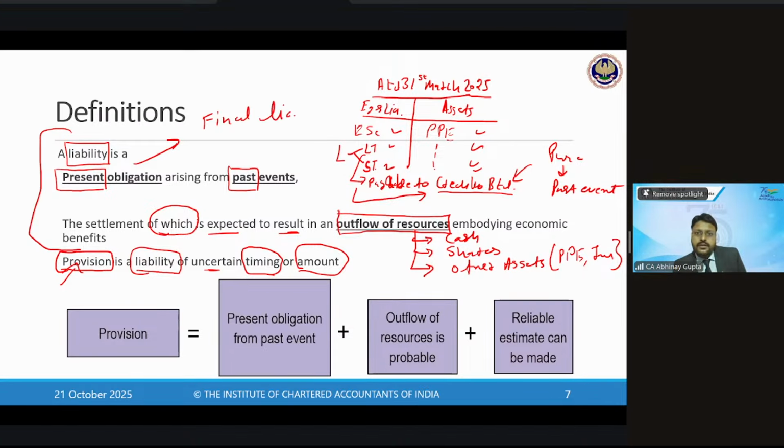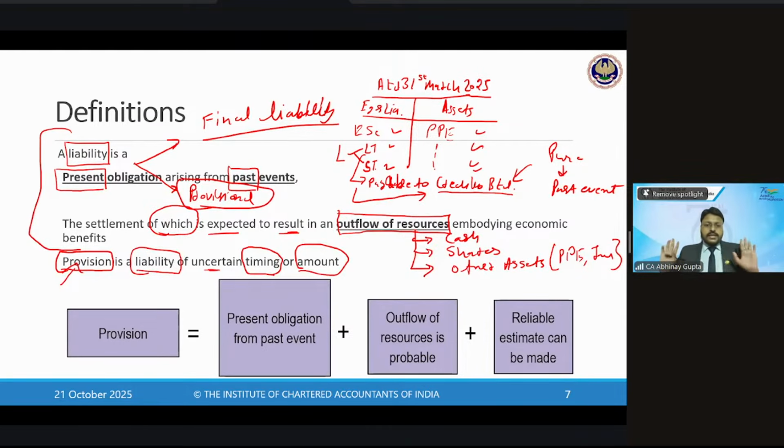So this is a final liability, because it is clear how much needs to be paid, to whom, and when. But there is a liability which is a provisional liability, which is not yet final because assessment is still underway to determine either the final amount or the timing.